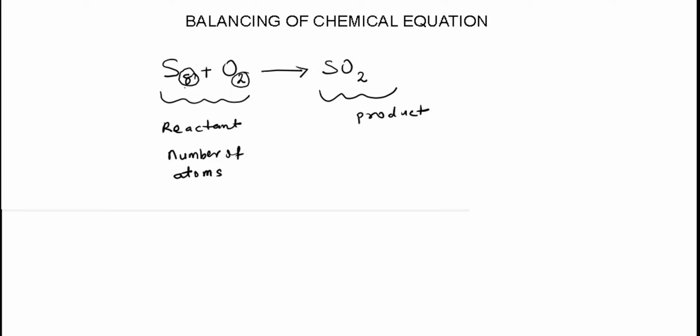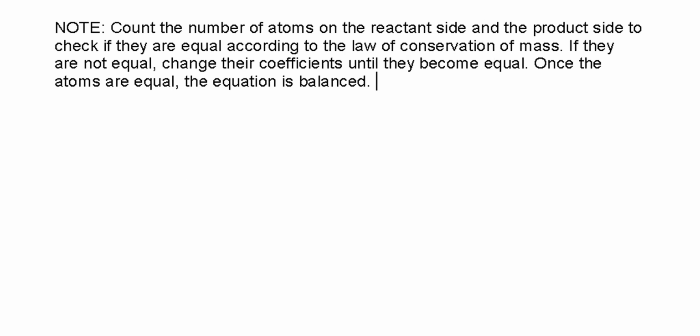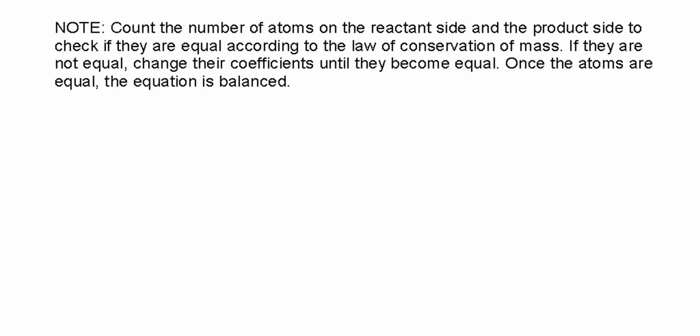Now, let's look at the product side also. This is the atomic number. You do not touch it. The point to note, for you to balance a chemical equation perfectly well, you have to count the number of atoms on the reactant side and the product side to check if they are equal according to the law of conservation of mass.